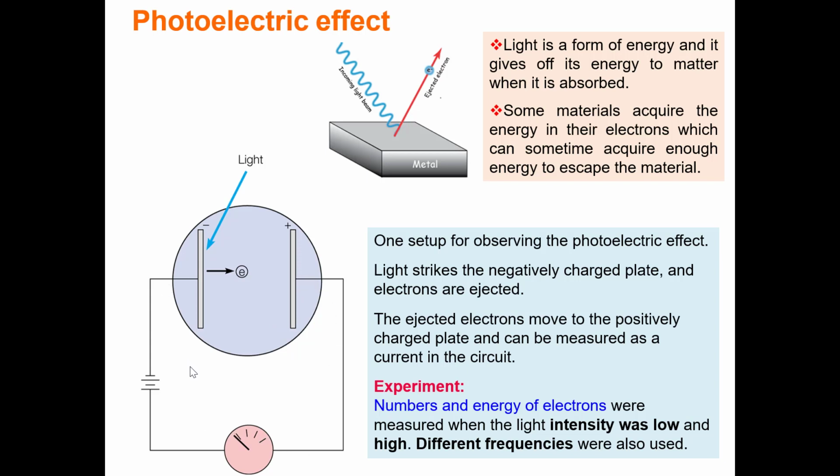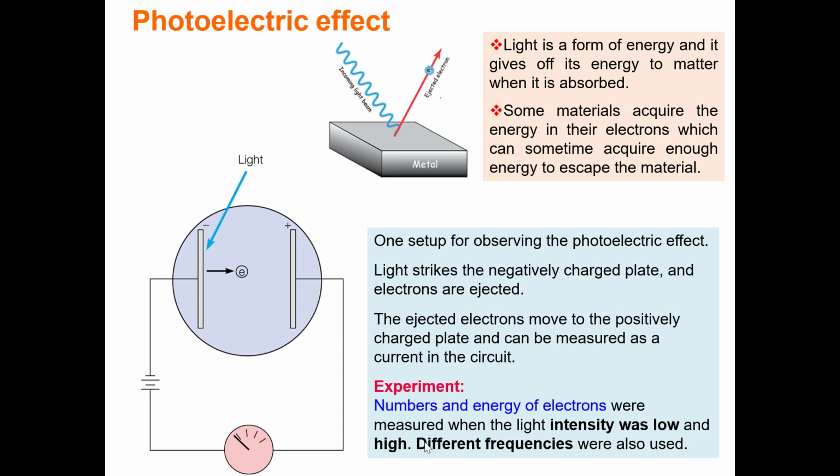Then what they did in the experiment, they measured the energy of the electrons and the number of electrons. These variables were measured when the intensity of the light was low or high, also at different frequencies.